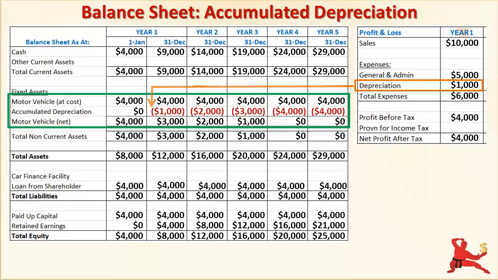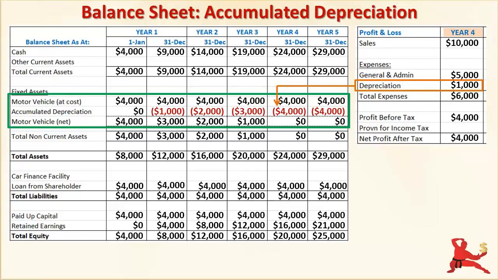In year 2, the $1,000 depreciation expense for that year is added on to the accumulated depreciation of the car. So that takes the accumulated depreciation to $2,000 at the end of year 2. The net book value of the car at the end of year 2 goes down to $2,000. This process keeps going until the car is fully depreciated.